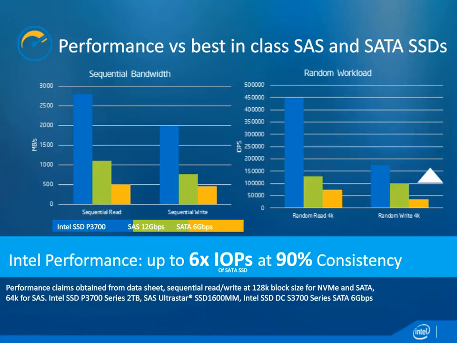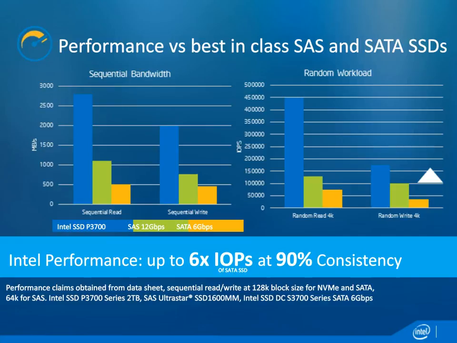One of our big stories at Intel is the following line. If you take a look at the bottom there, Intel performance is up to 6 times the IOPS compared to these other products. But the big deal, more important than comparing it to a SAS-based product or a SATA-based flash product, is that overall Intel products we guarantee are going to operate at 90% consistency of the published specification for that drive.